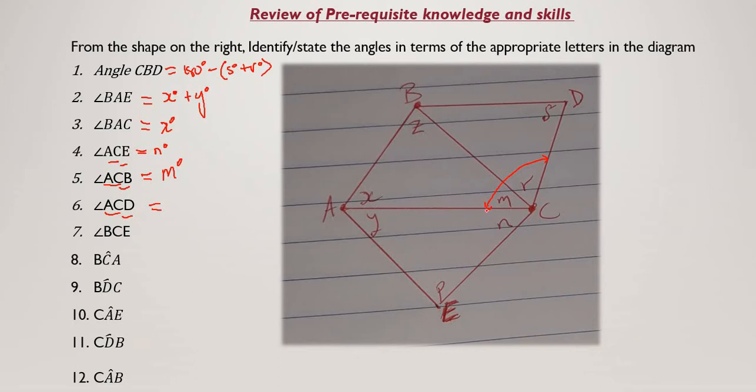We tied the two lines together, so that's the angle. So we're looking at angle M plus angle R.